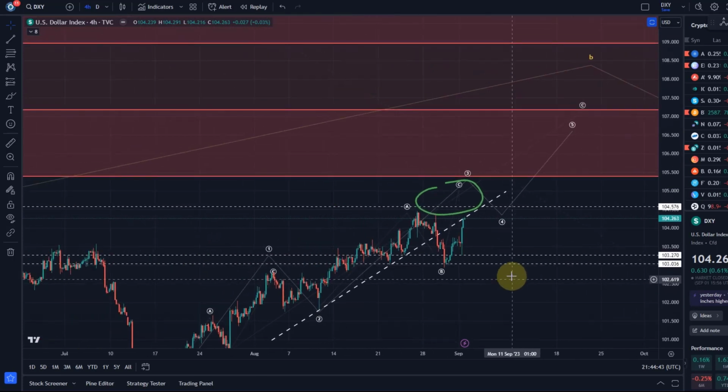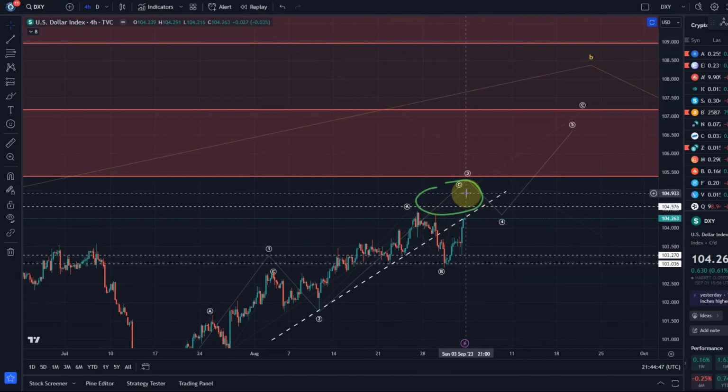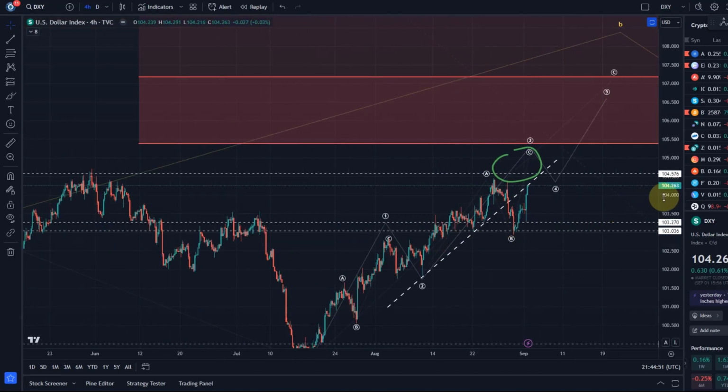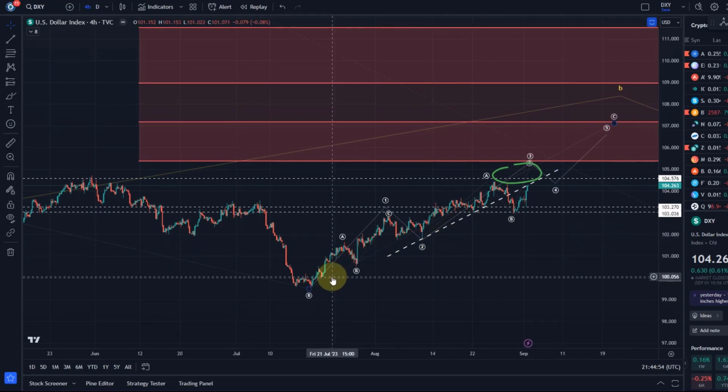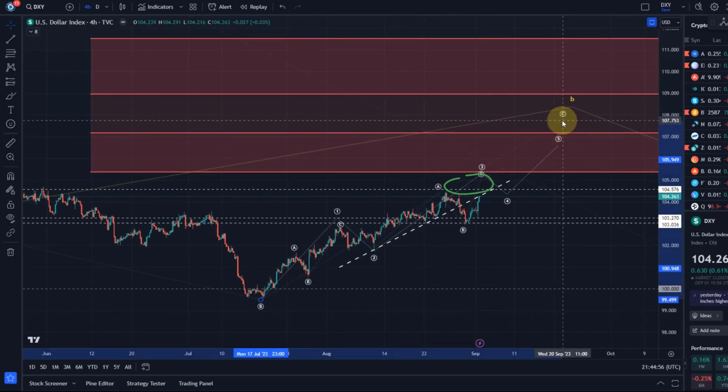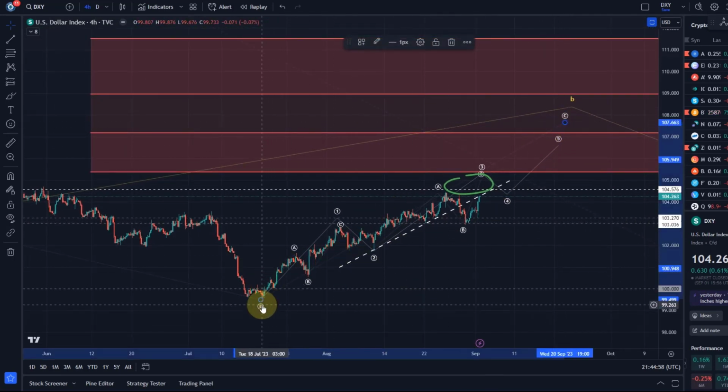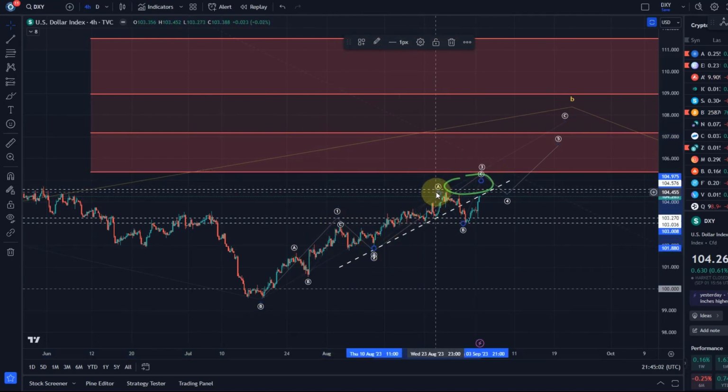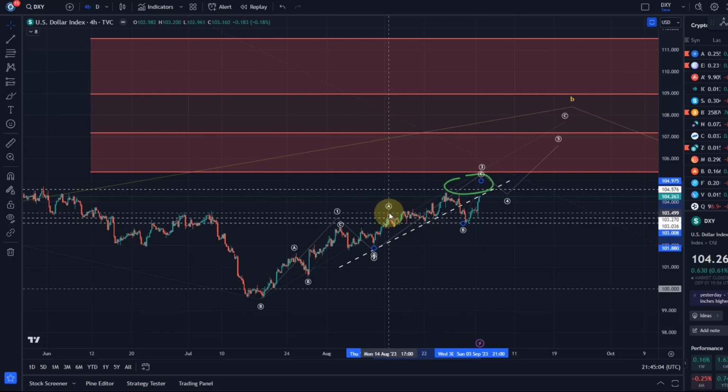Basically, this was just an idea of where we should get to in this C wave. I probably have to look at the micro count of this, but the idea was that this C wave is also unfolding as some kind of diagonal structure. We had here a 1, 2, 3 is probably still in the making, but maybe we just need to look at that.